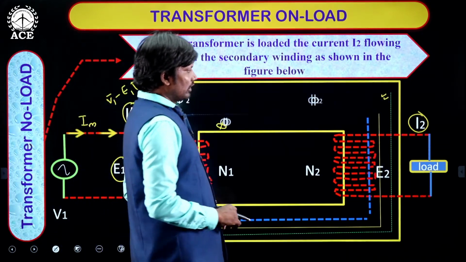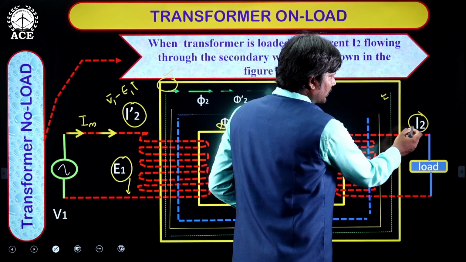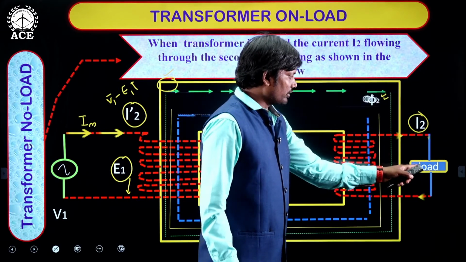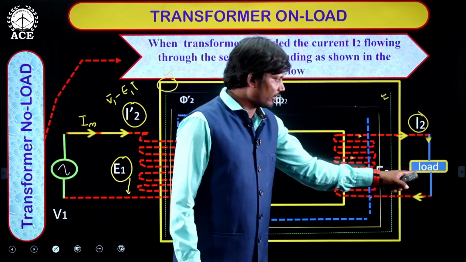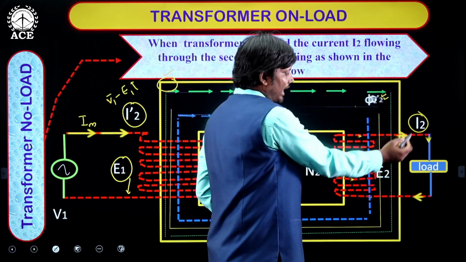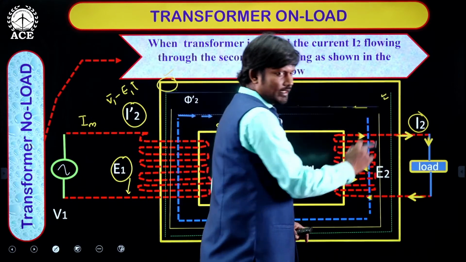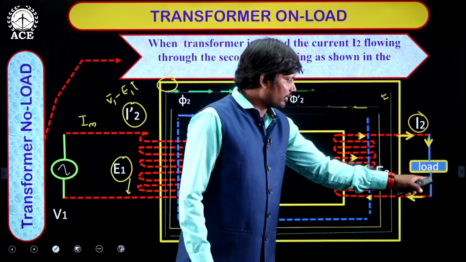And one more thing, the magnitude and phase of this secondary current I2 depend upon what type of load we are using here. If the load is inductive, this current lags E2, and if the load is capacitive, this current leads E2 or V2.